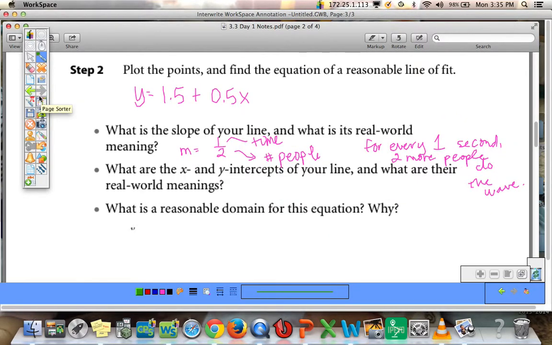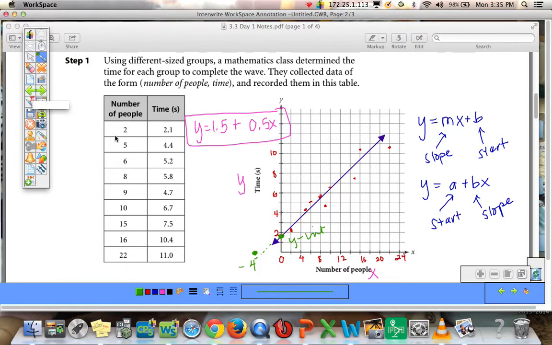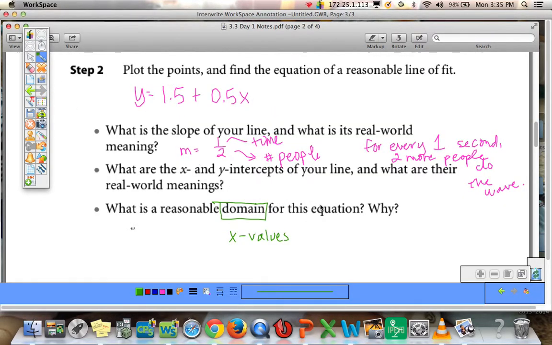What is a reasonable domain for the equation? And we talked about domain yesterday. Domain, we're looking at the x values. And since we're looking at number of people, a reasonable domain would be whole numbers, of course, and they would be positive. So however many people could fit in wherever the wave is taking place.